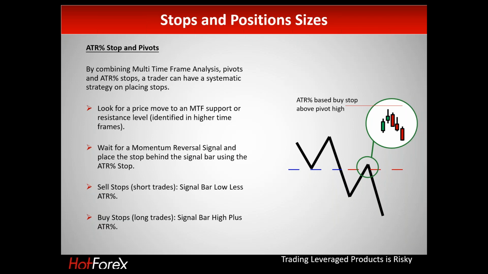So identify the multiple support and resistance levels that you have identified in a higher time frame, set your trend lines so you will be aware of the immediate support and resistance levels, and put your stop loss behind the entry point using a percentage of your ATR or the whole of your ATR.